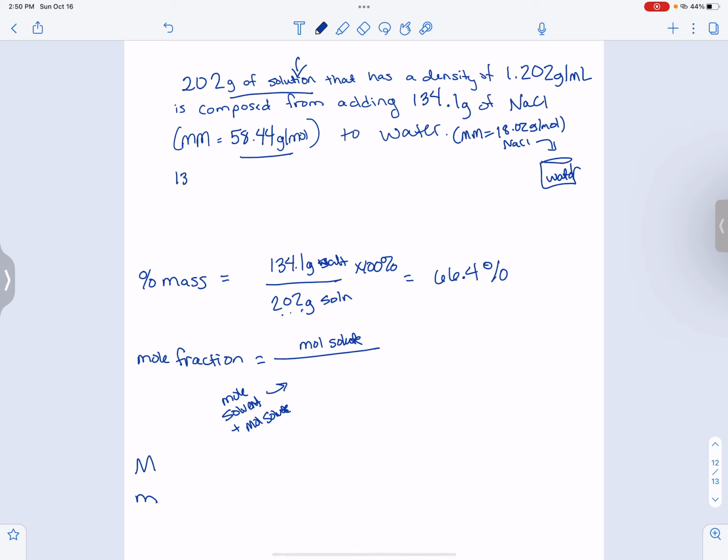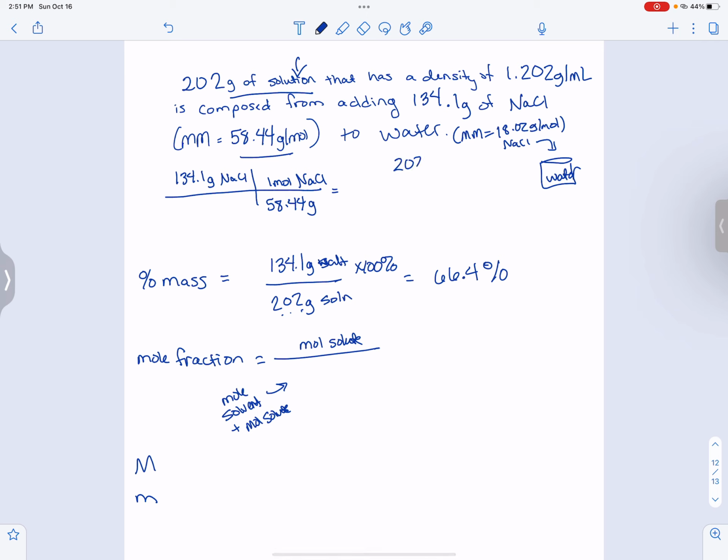So I've got 134.1 grams of NaCl. And if I need to get that into moles, then I'm going to use that number just above, 58.44 grams in 1 mole of NaCl. That will give me my moles of NaCl. Now for the water, I don't actually have how much water I have, but I have how much solution I have.